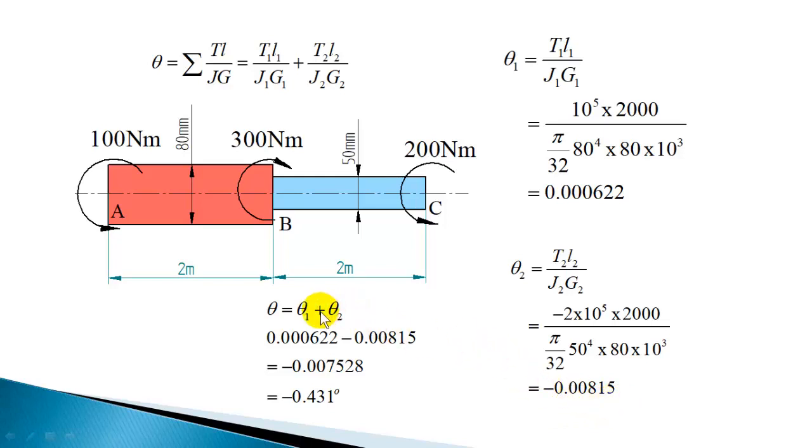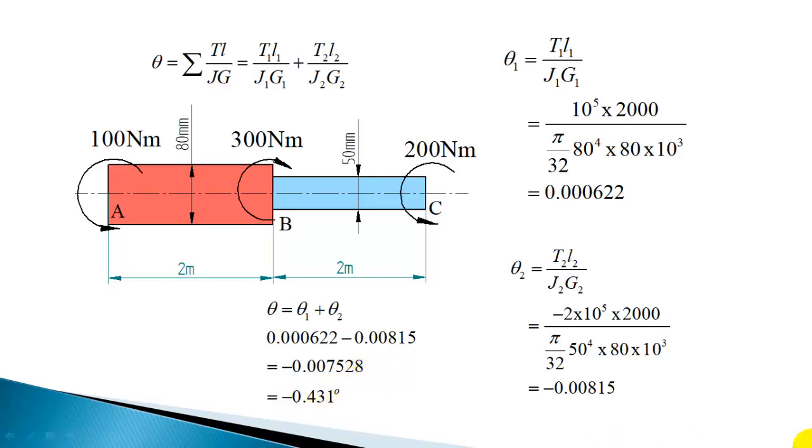Now to find the resultant angular twist, you can just add the angular twist in both sections. That will give the resultant twist as minus 0.007528, again in radian. You can convert into degrees by multiplying with 180 by pi.